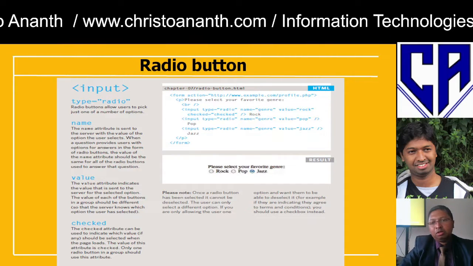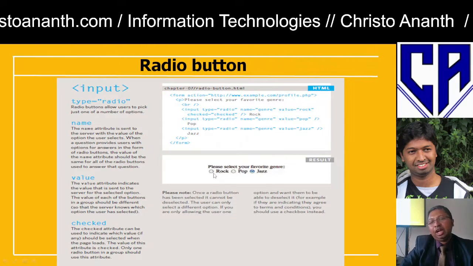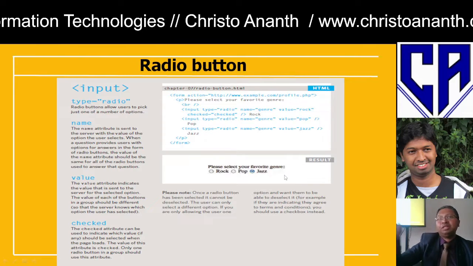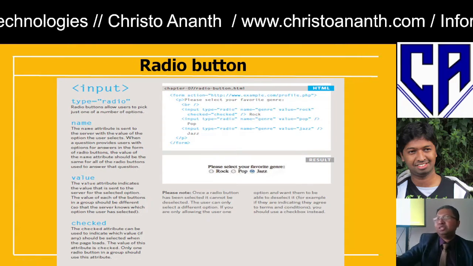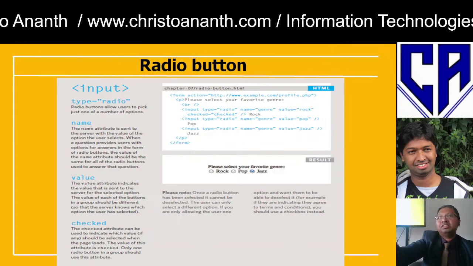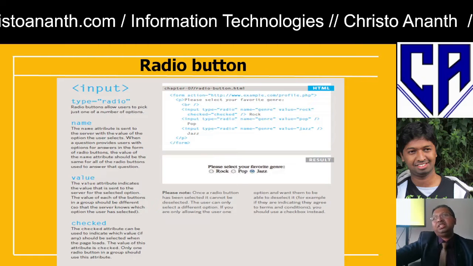So this is what they say at the beginning: you have rock, pop and jazz, and no option will be selected. But if you have selected one option, you can change to another option.